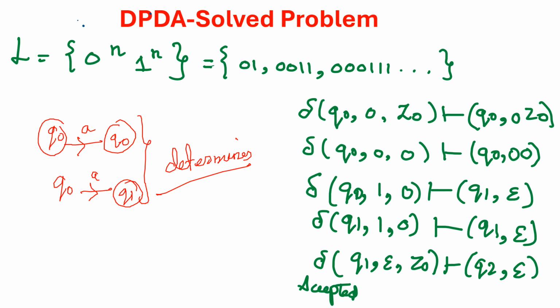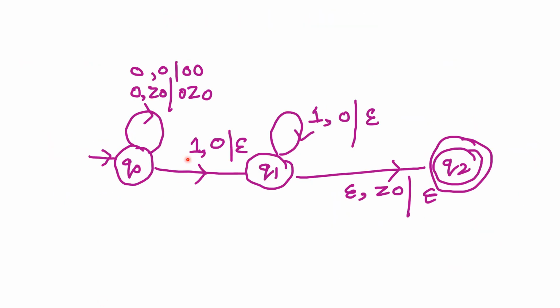Now we have to ensure this with the transition diagram. If the input is 0, you have to push these values. If both are 0, again you push. If you are reading 1 and the stack symbol is 0, you pop it, but you have to switch from one state to another state.